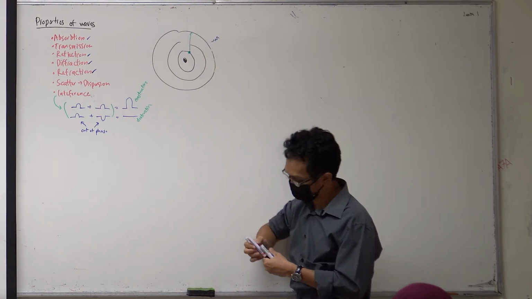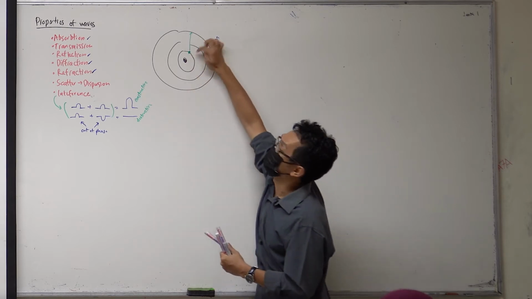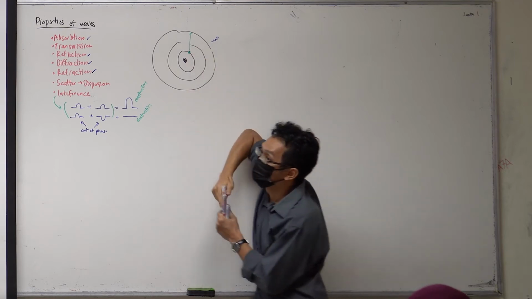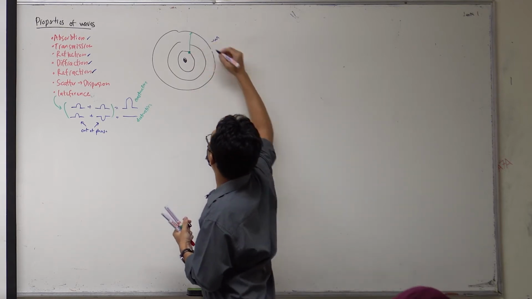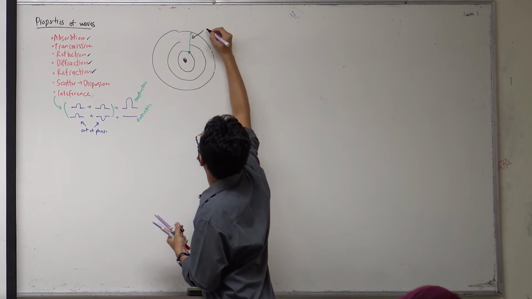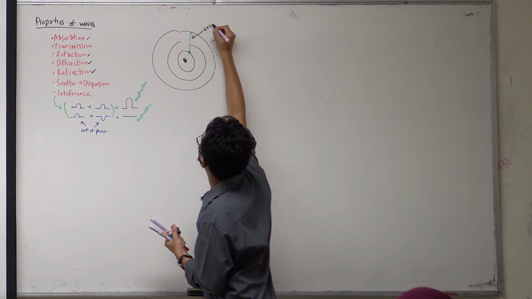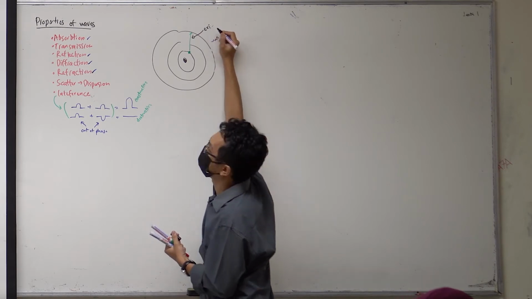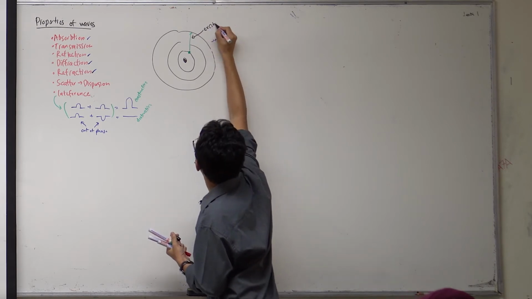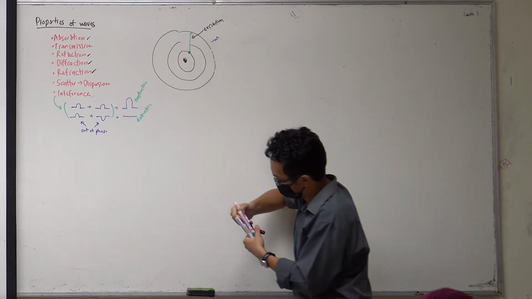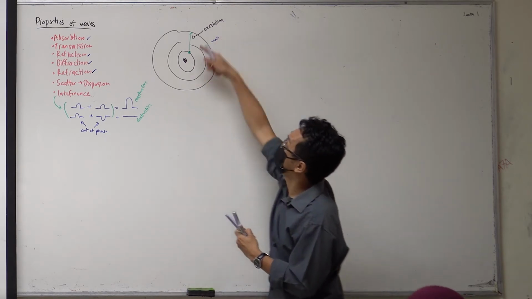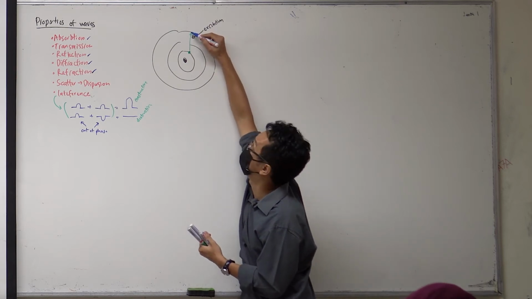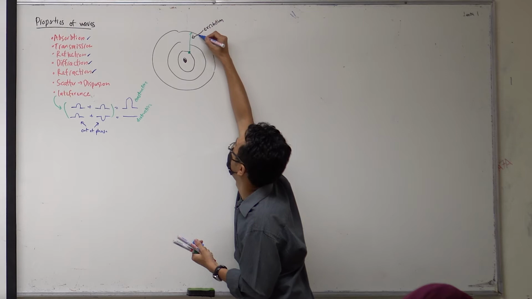This process, what do we call this? This is what we call excitation. Okay, and then the electron that is excited goes to the higher energy level, and it's not stable there, so it goes back down.